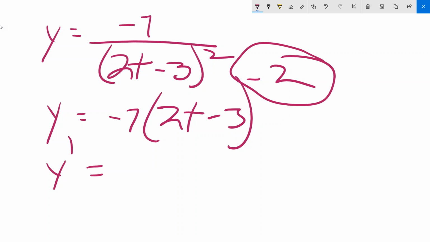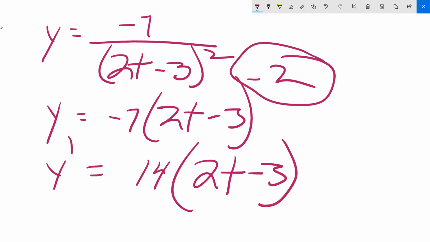Always start right there. Always. Take that and multiply whatever coefficient you have. Oh, that's right. So it's going to be 14 times 2t minus 3 to the negative 3 times 2. Good.